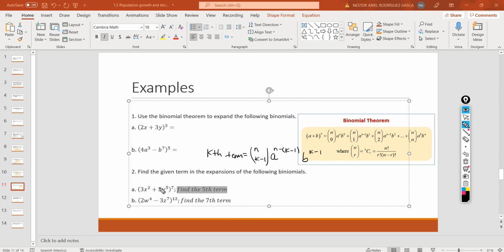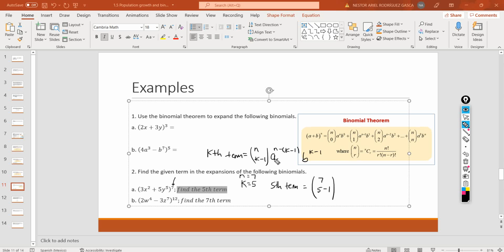So let's apply it here. If I'm being asked to find the 5th term, then k will be equal to 5, and obviously my n would be 7. So n equals 7, k equals 5, and therefore the 5th term is going to be equal to 7 choose 5 minus 1.